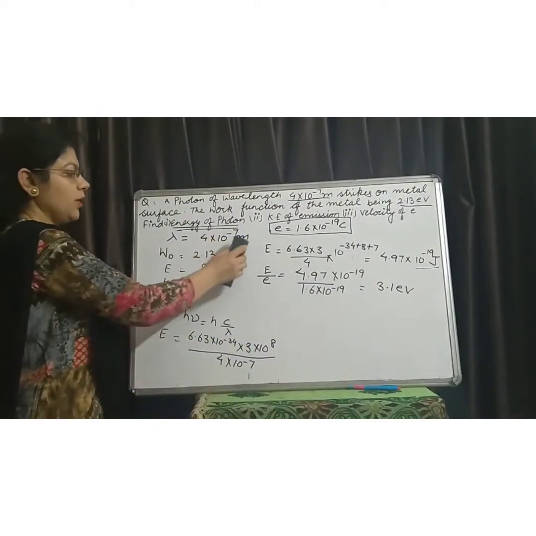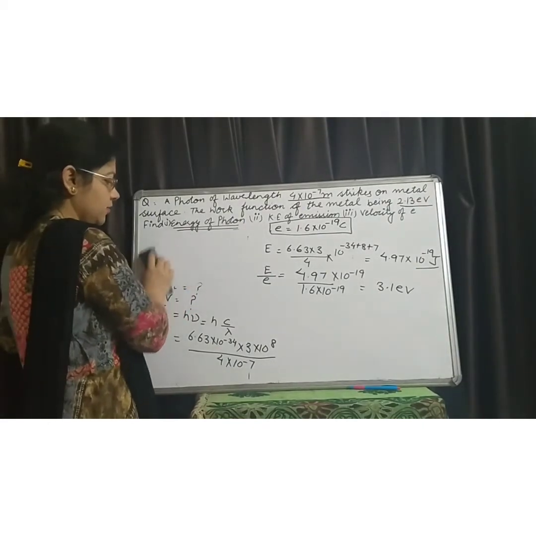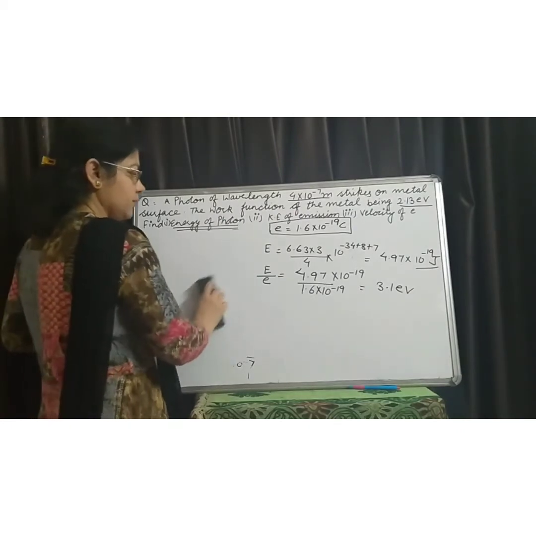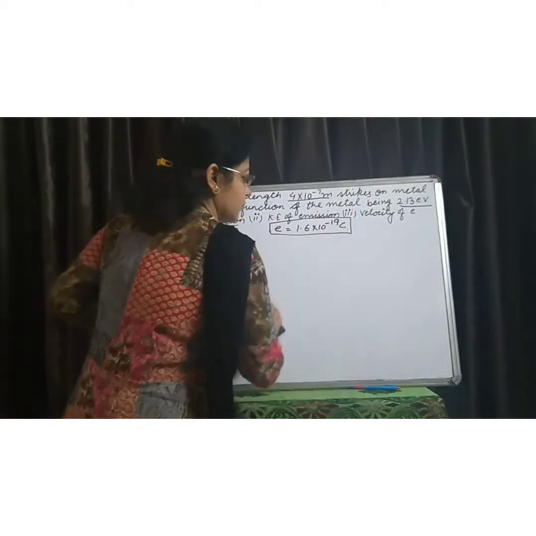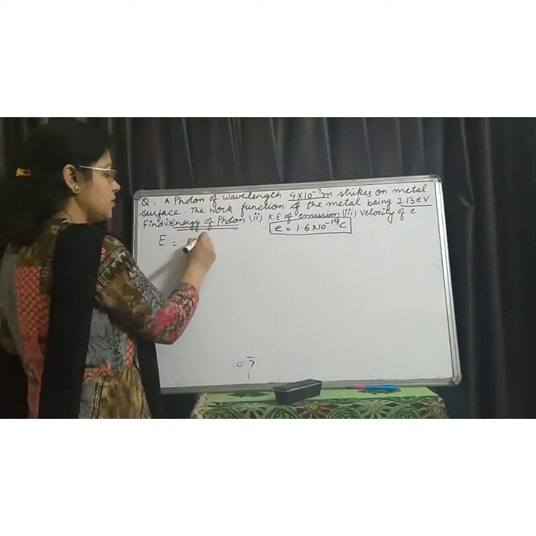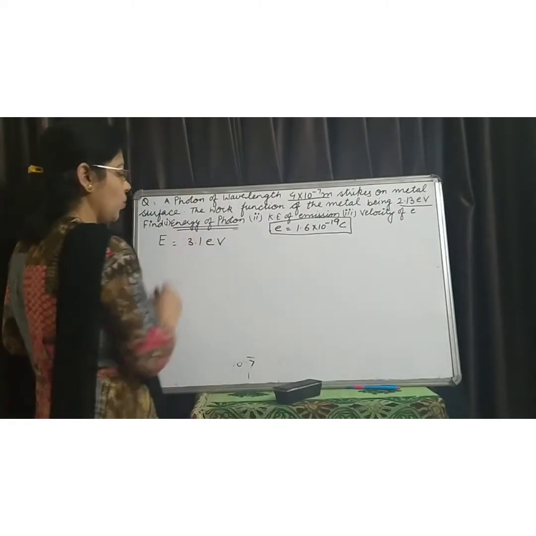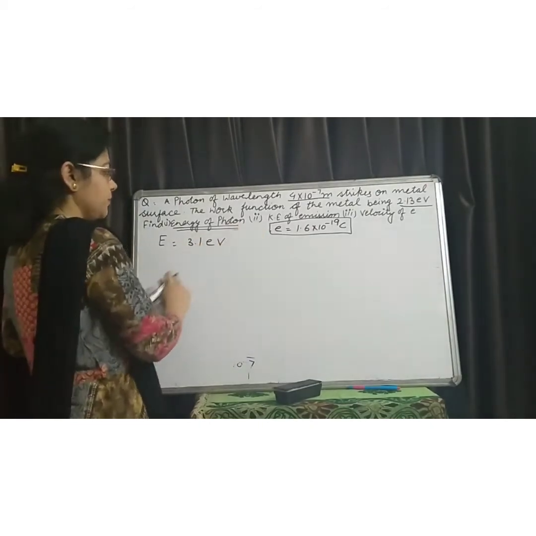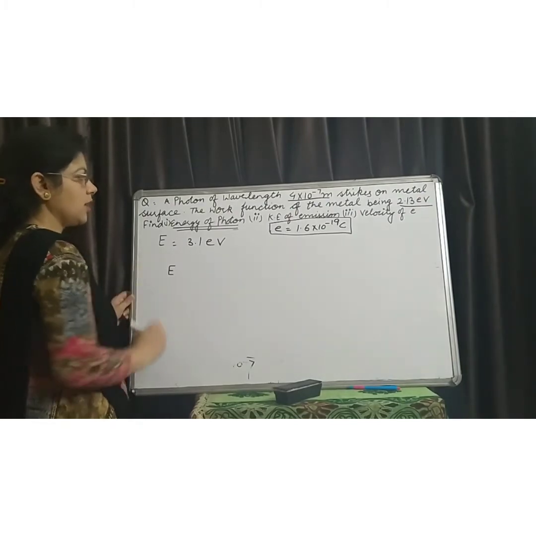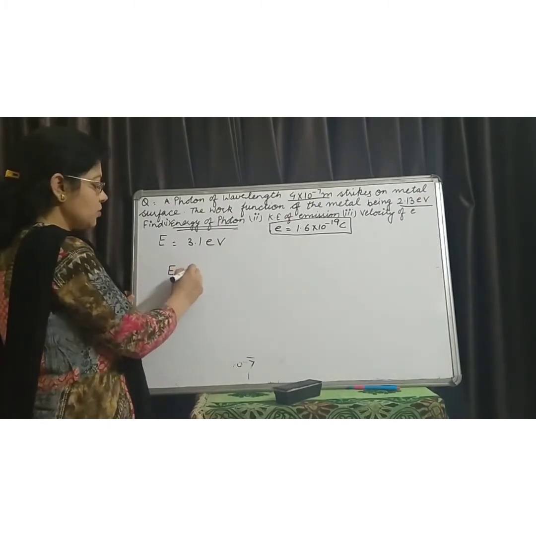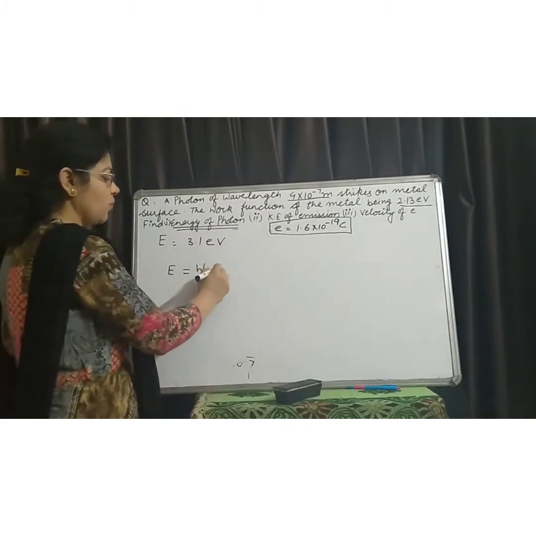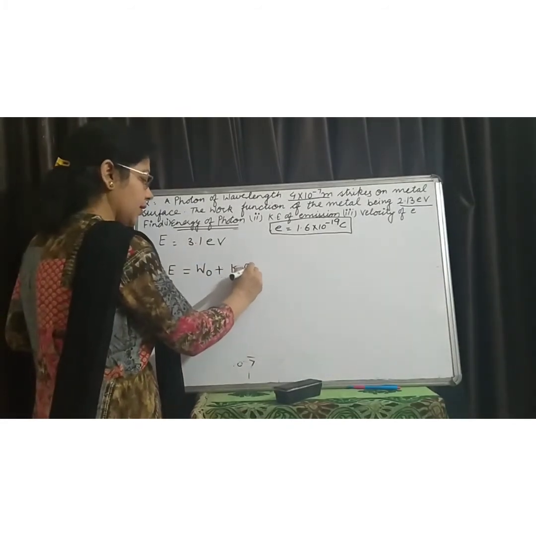Second, we have to calculate the kinetic energy. The first part, the energy, we have already calculated: 3.1 electron volt. Next, we calculate the kinetic energy. We know that the total energy supplied from outside is used in two things: the first one is the work function and the second one is the kinetic energy.